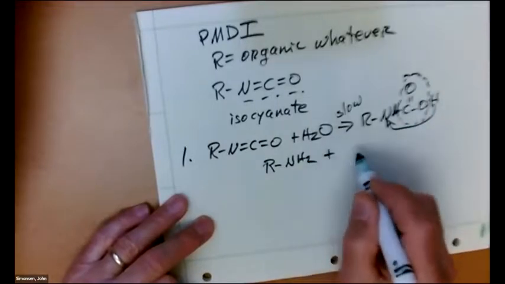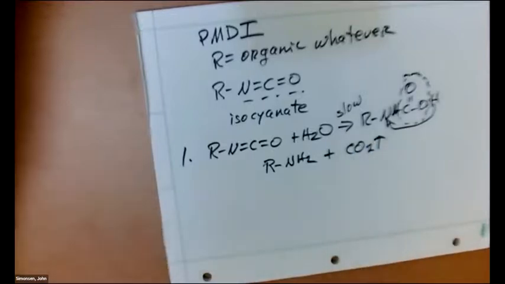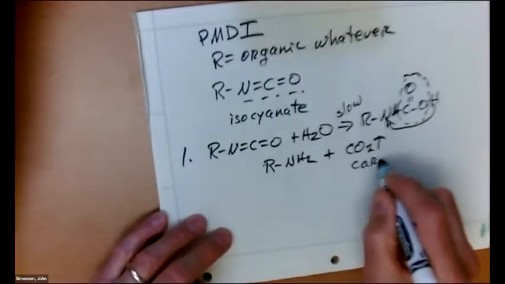So you get an amine plus CO2. And in the old days when they made polyurethane foam, they would typically just put in enough that they would blow it with the CO2 that's made internally. So the first step is carbon dioxide emission.